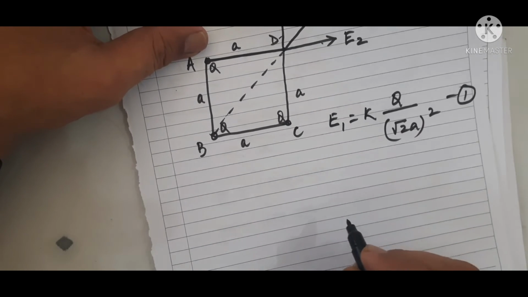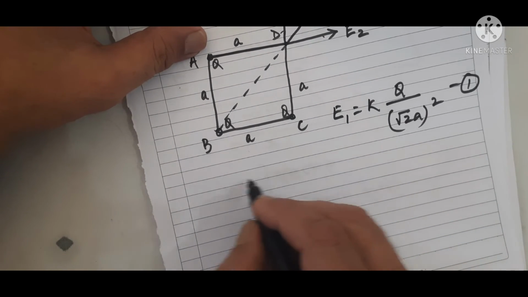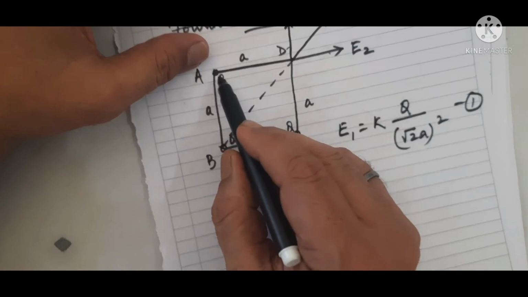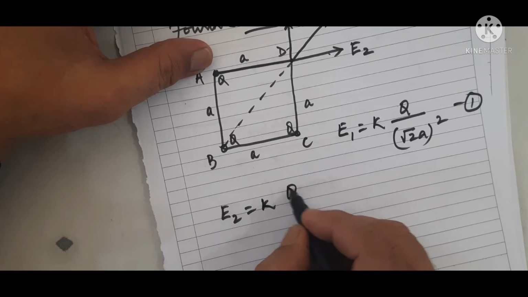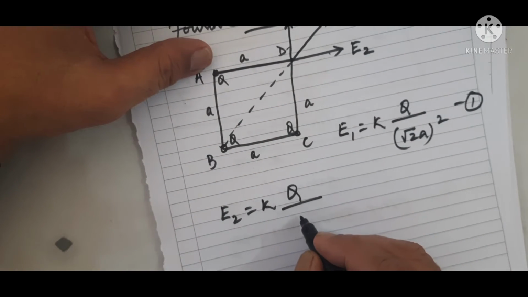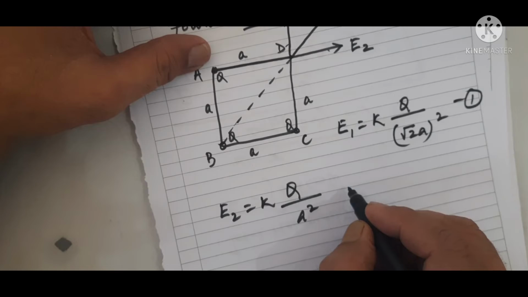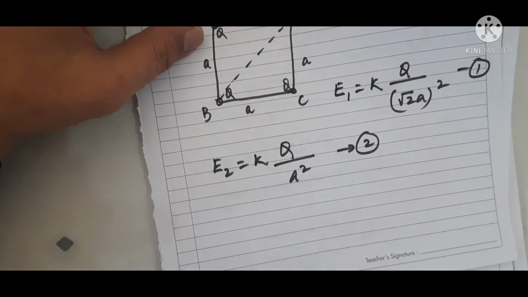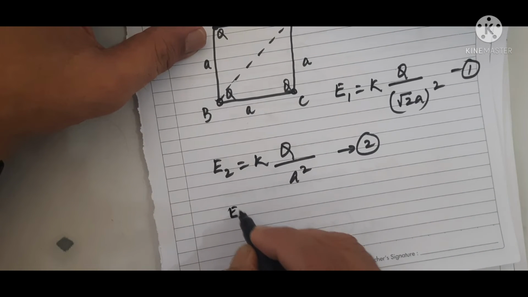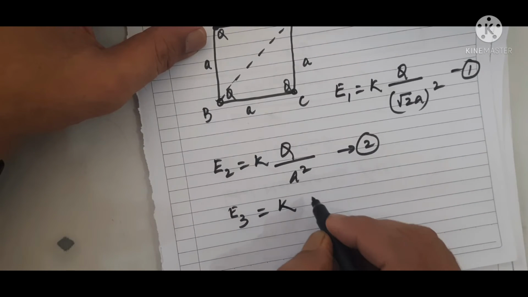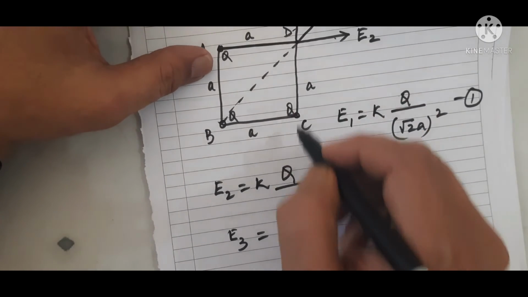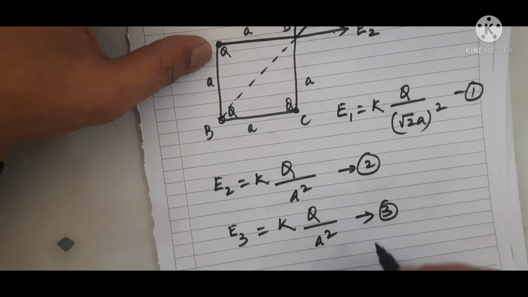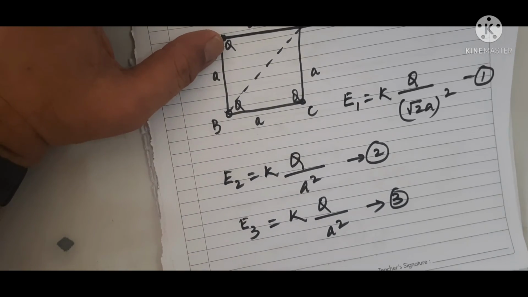Then coming to E2, E2 is k q by this distance square, a square. And for E3, the magnitude we are writing here is k q by a square. So what we are observing is E1, E2, E3.